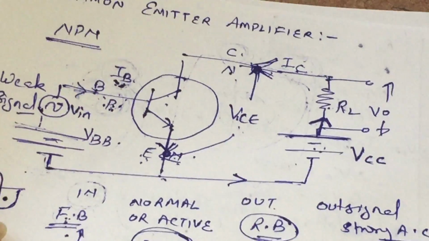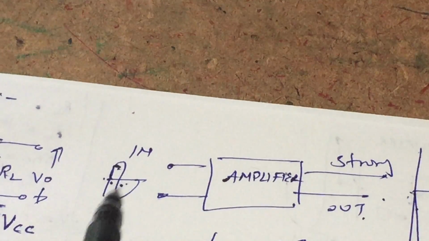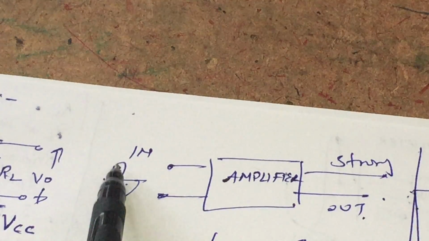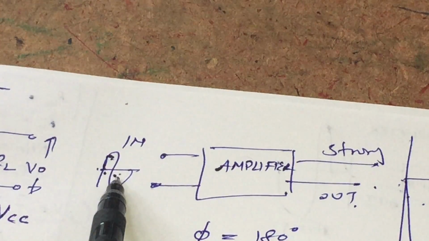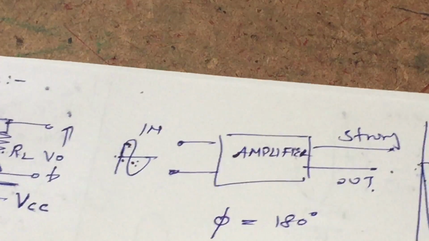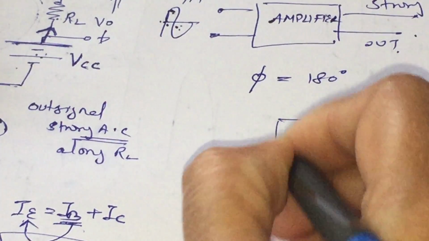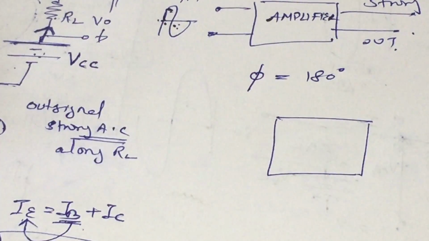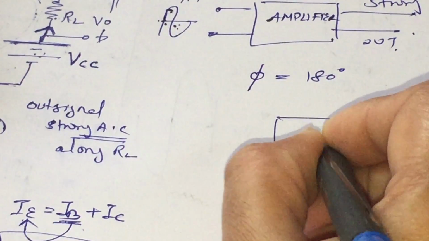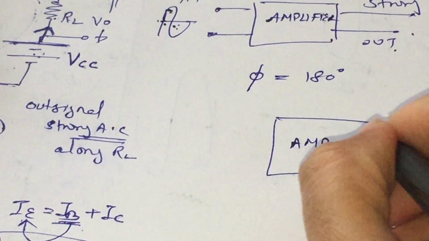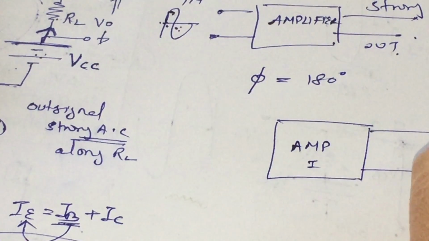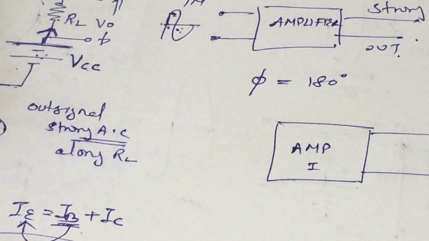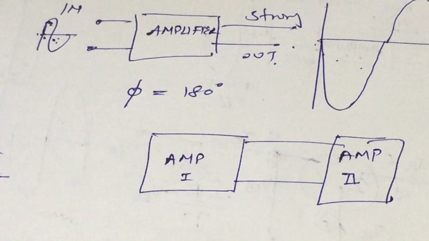To make the signal the same as the input, so that for positive we get a positive output, and for the negative half we get a negative half, we can take a two-stage common emitter amplifier. In a two-stage common emitter amplifier, we connect one amplifier output to the second amplifier input.